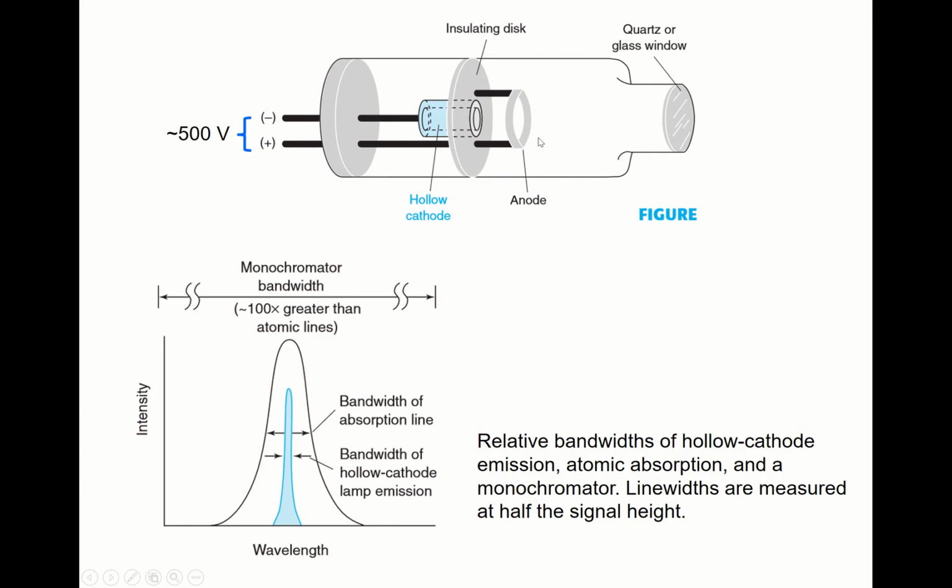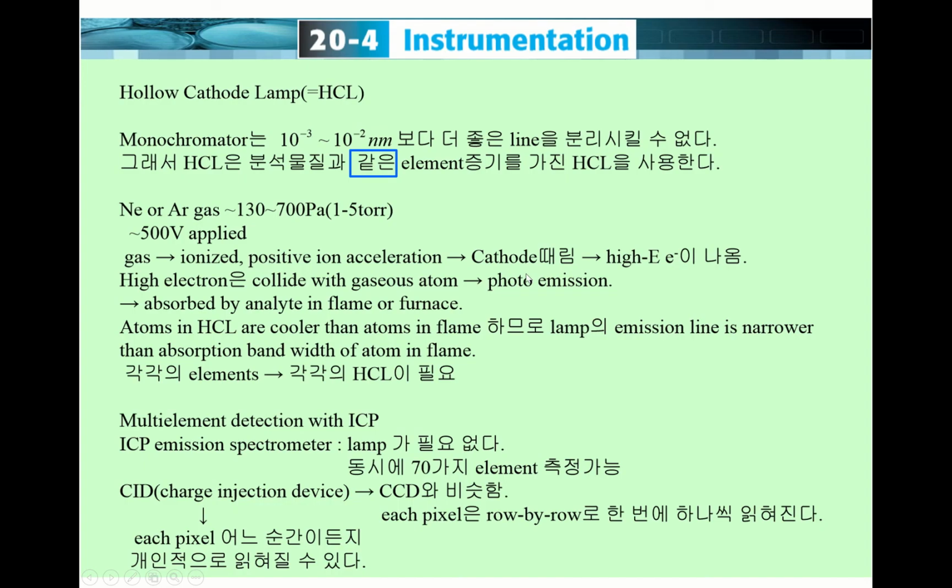The argon gas is ionized and takes a positive charge, so it is drawn to the cathode. It hits the cathode, and a high energy electron beam is generated.